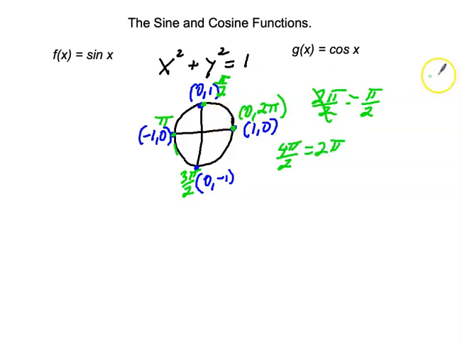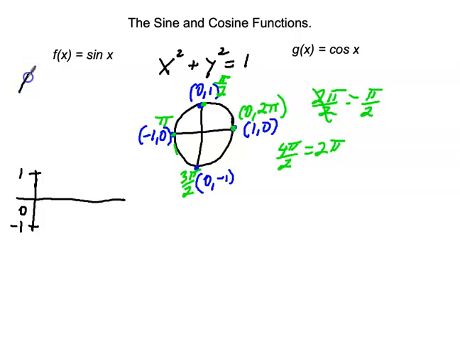Okay, so now let's look at the graphing. I'm going to draw a line here. 0. Our amplitude for graphing sine is 1. So the highest point on a circle is 1, and the lowest point is negative 1.